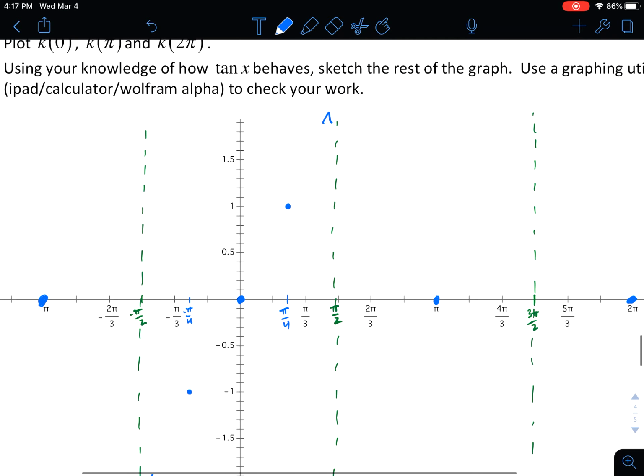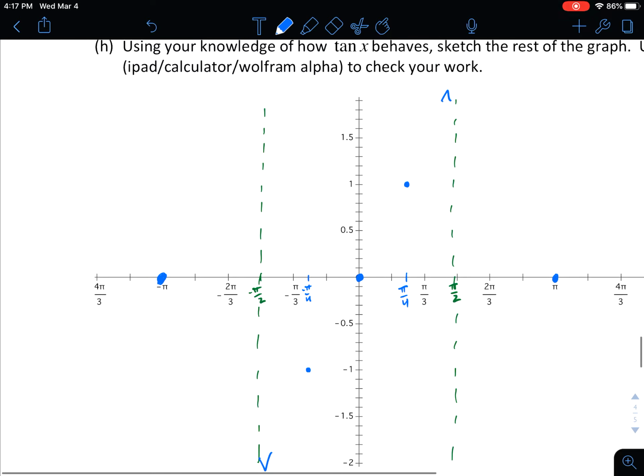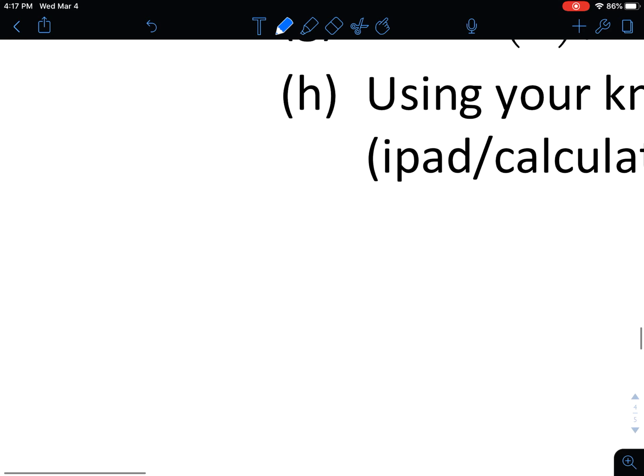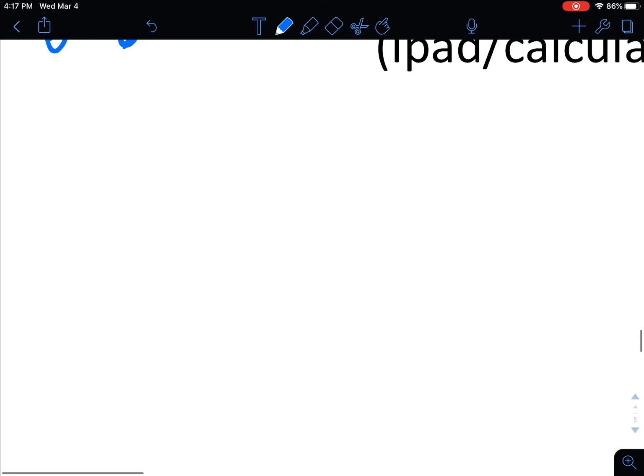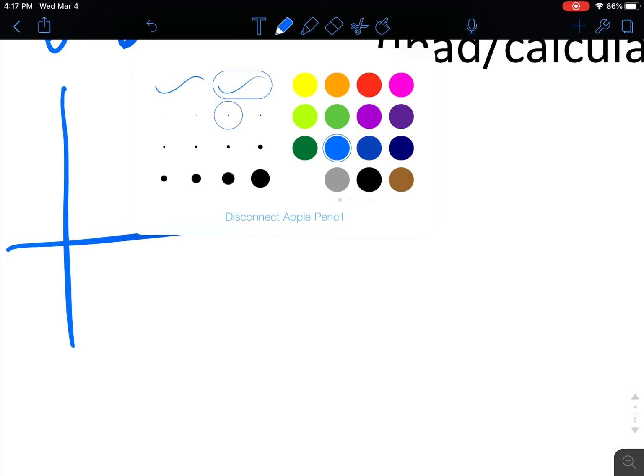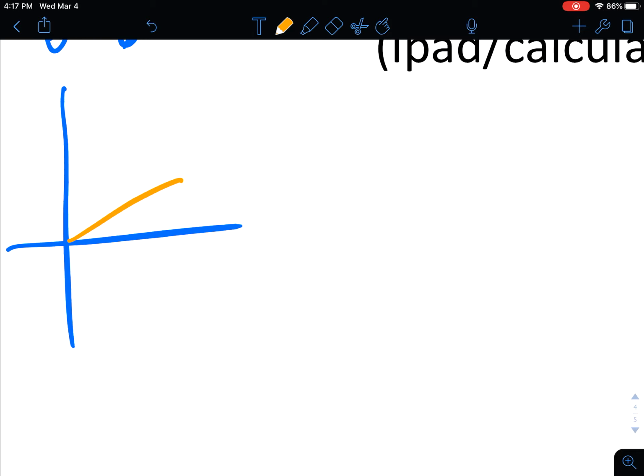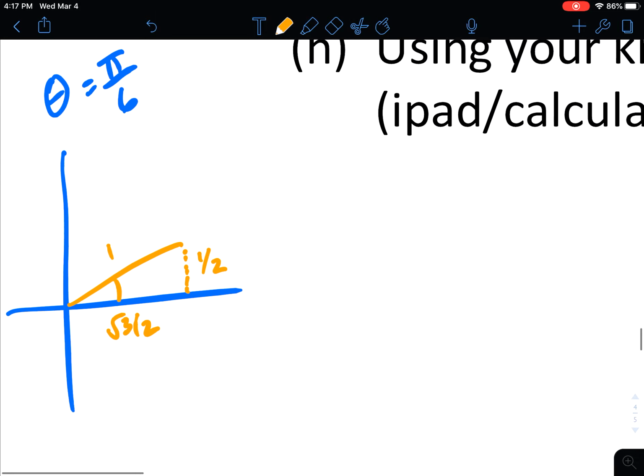If you want to be even more sure, you could think about tangent of pi over 3 and pi over 6. So if we consider theta being equal to pi over 6, there would be theta. This side would be 1/2. This side would be 1, and this one root 3 over 2.